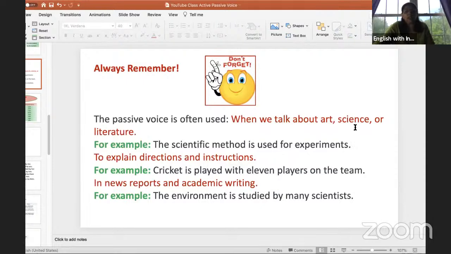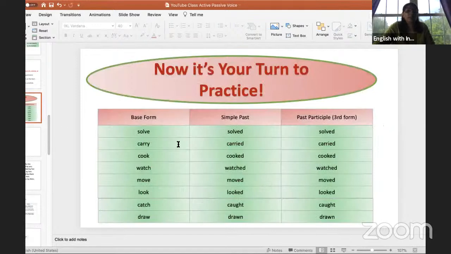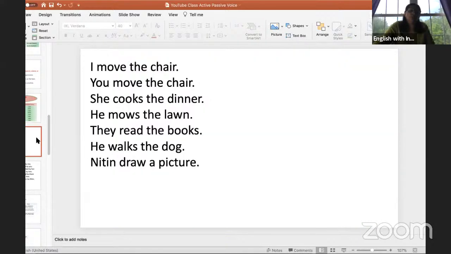You see it in literature, in science, when you give directions, or in academic writing or newspapers. So here I have some words, and I have the base form, simple past, and past participle, that means the third form. I want you to try these. These are very simple ones.